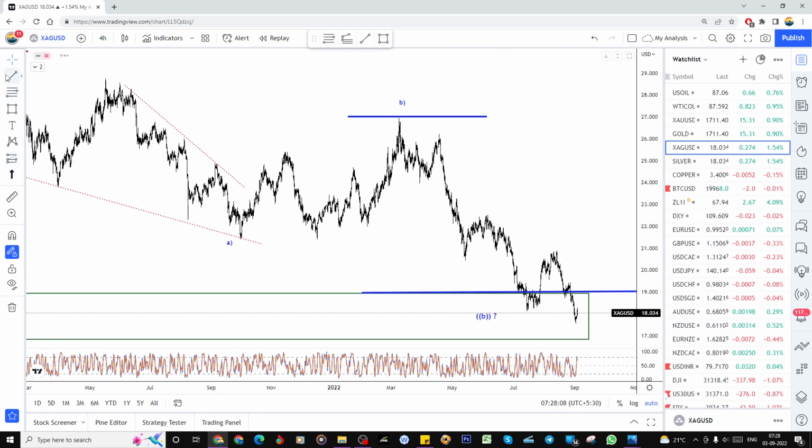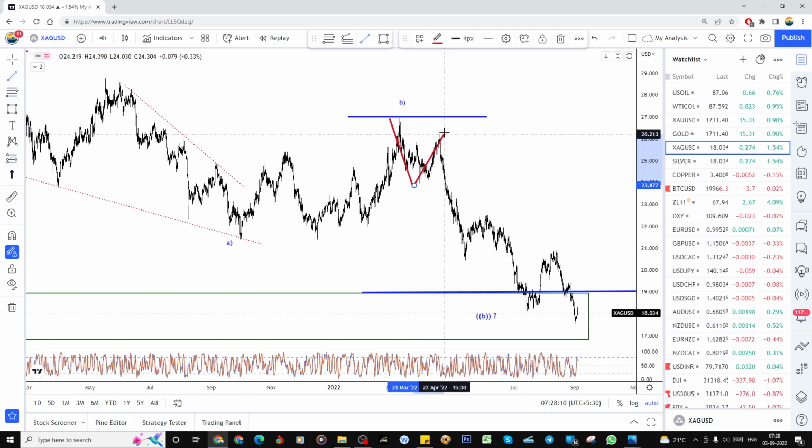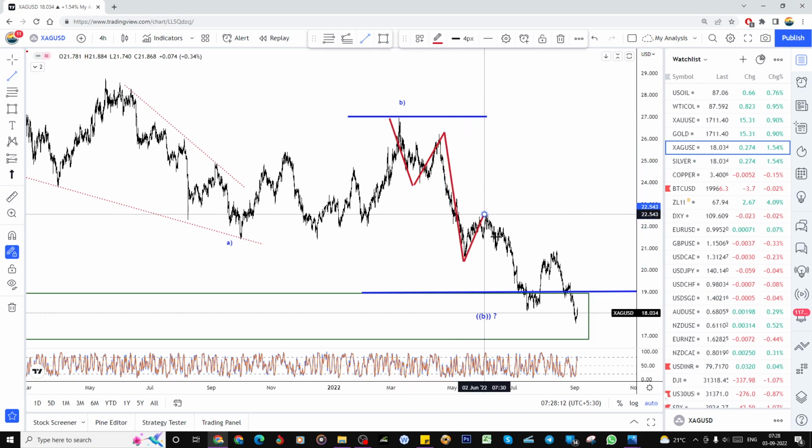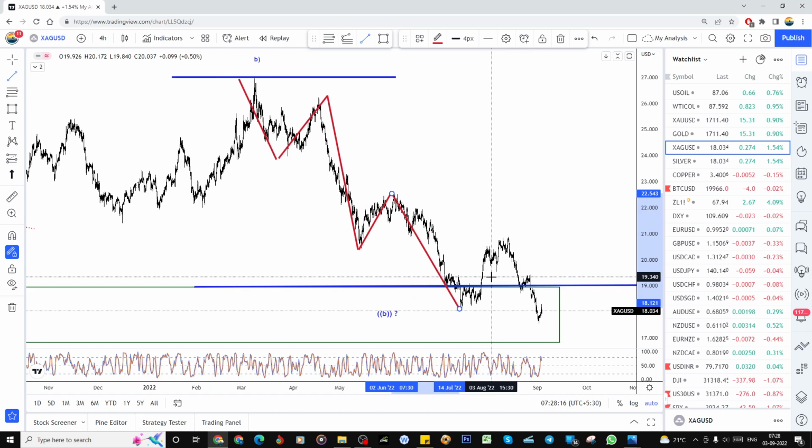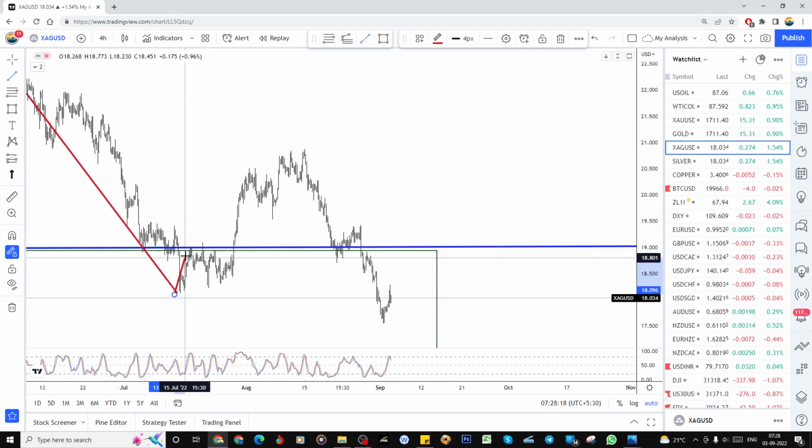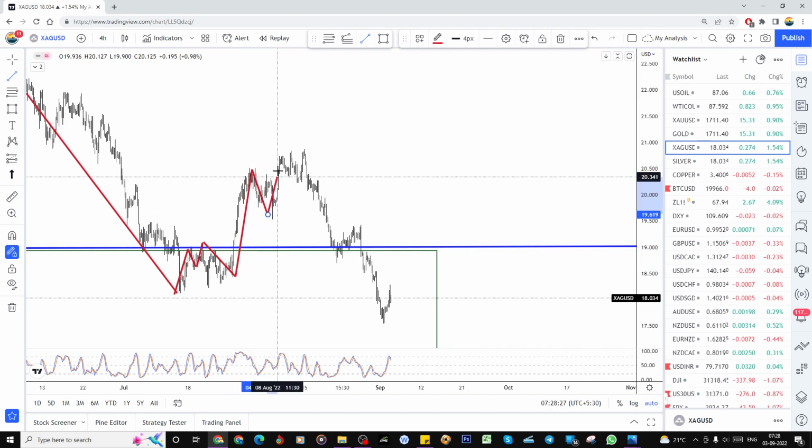What I expected, right? Here is a 1 2 3 4 and 5. So whether this is the wave 1, and here what I have explained several times last week also, it's not looking like a 5-wave, it's looking like a 3-wave structure. Again there is a 1 after this, 1 2 3 4 and 5 like this.